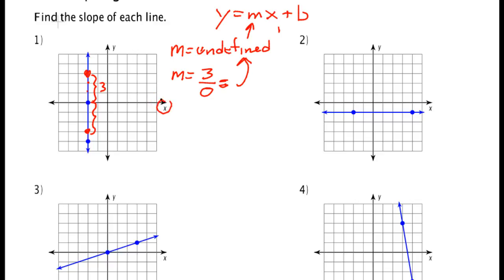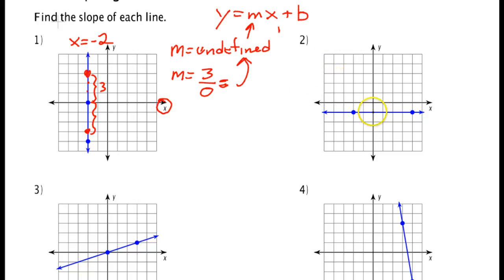The only thing that we know is that it goes through x equals -2. There's 0, -1, -2. So the equation of that line is x equals -2. So this is the one that's kind of different from all the others. Undefined slope, it doesn't start with y equals, there is no y-intercept. So the equation is x equals. The others are a little more behaved.